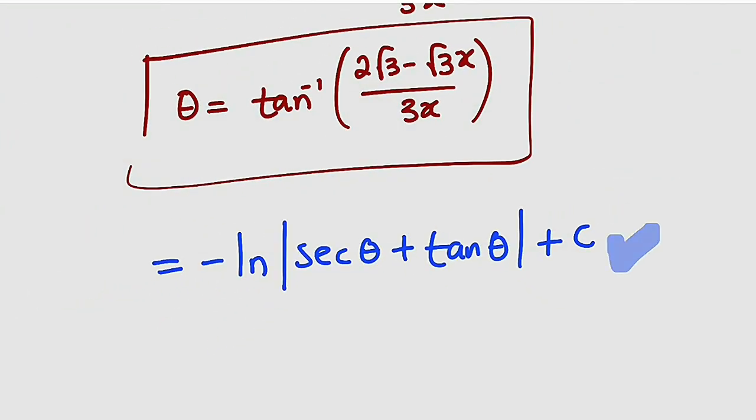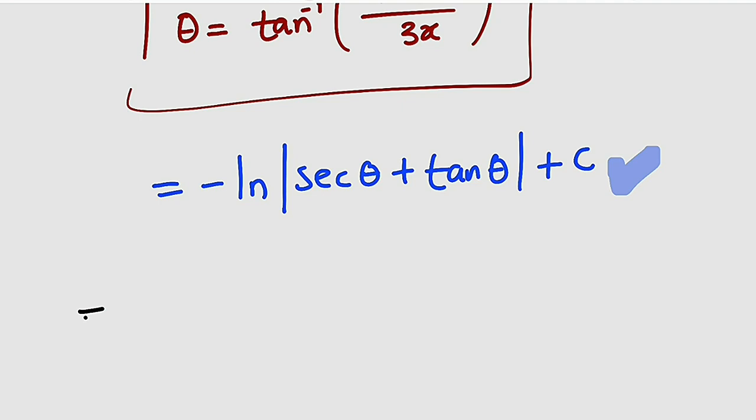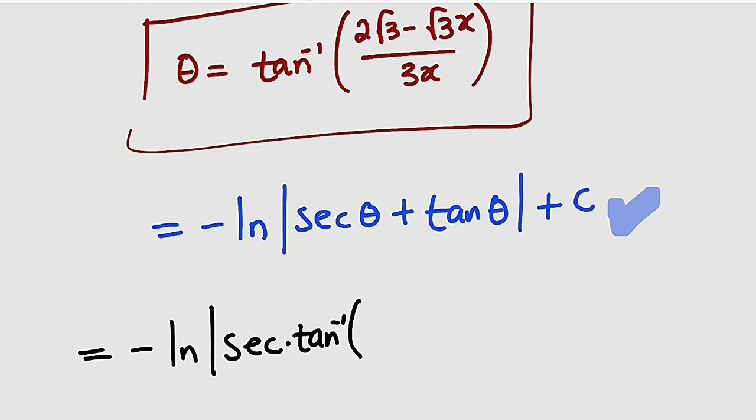All right, this is our final solution. Let us substitute theta. Wherever we have theta, we are going to replace it with the right hand side of this equation. So finally, we have this to be equal to negative natural log of the absolute value of secant theta, but theta is tan inverse of 2 root 3 minus root 3x divided by 3x, right?